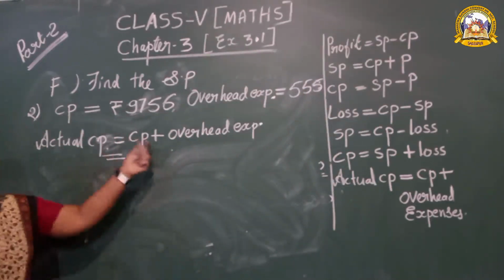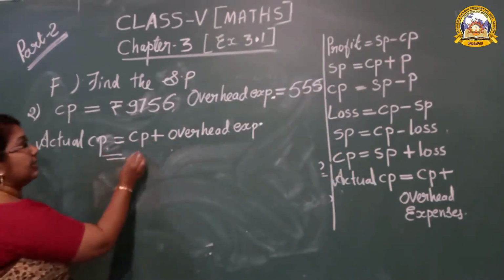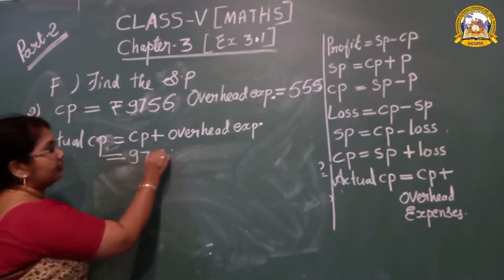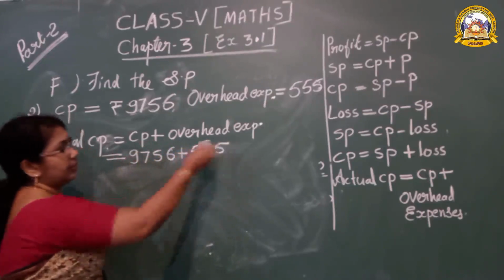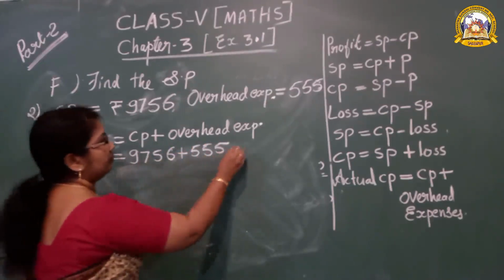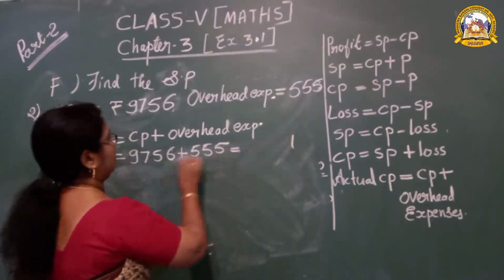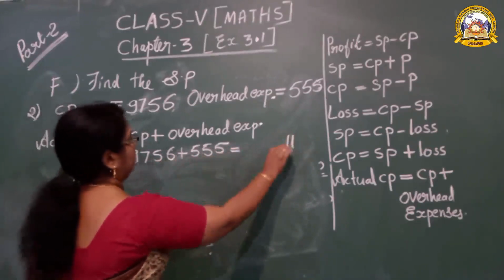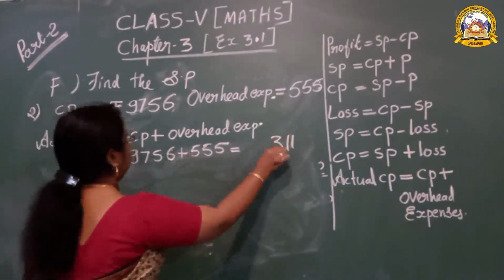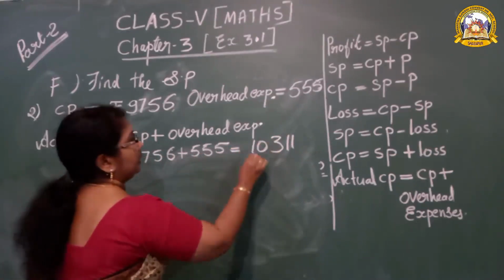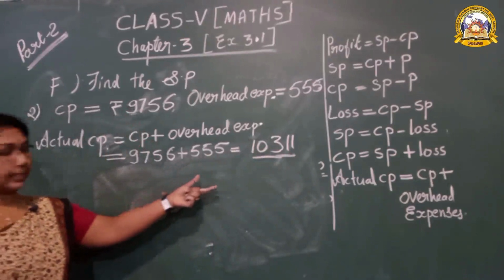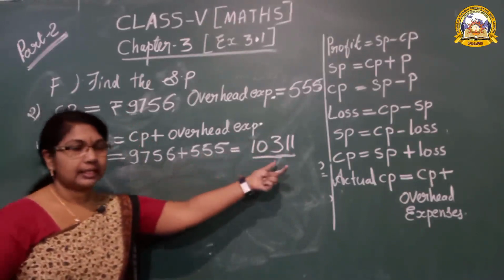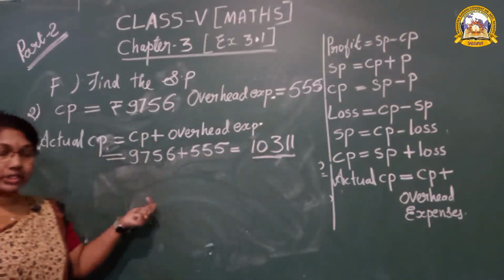CP plus overhead expenses. 9,756 plus 555. Both you have to plus it. Is equal to 10,311. What we got, students? 10,311. It is what? Actual CP.